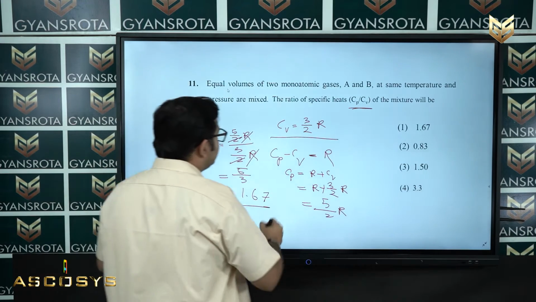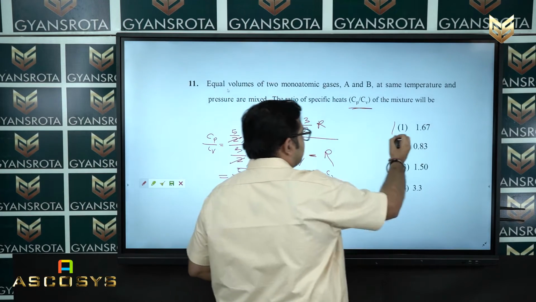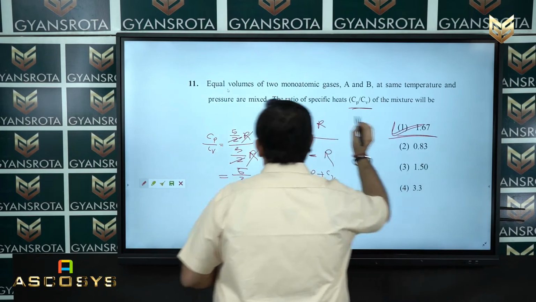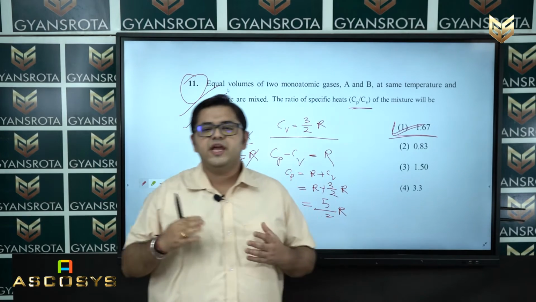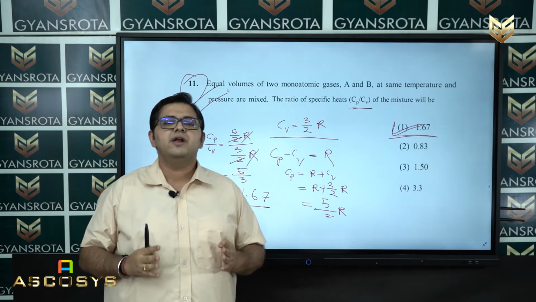Okay. Now if you see in your options, the first option, that is 1.67, is the correct answer of your question number 11. So now we are moving to the next question.